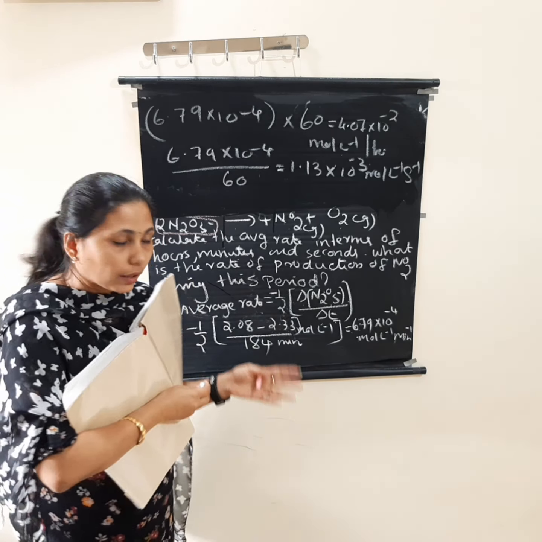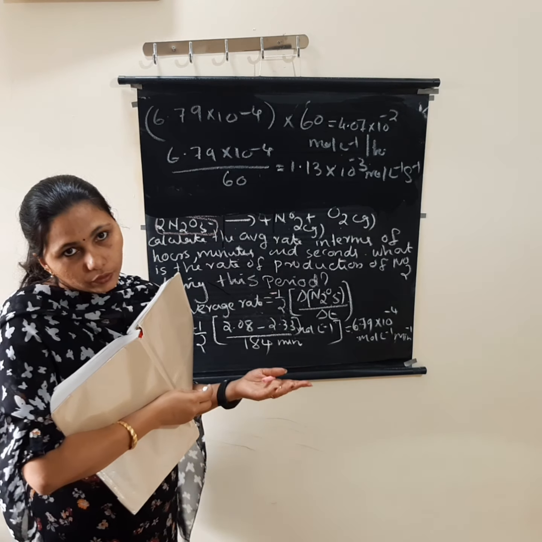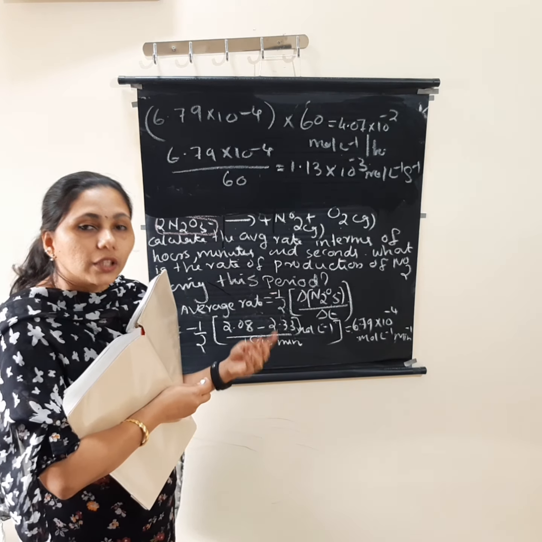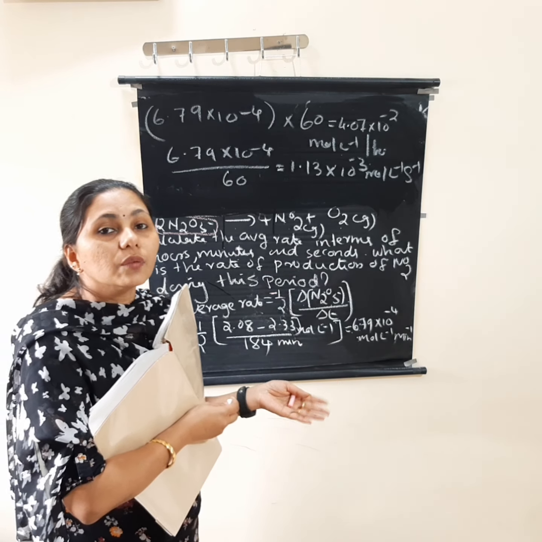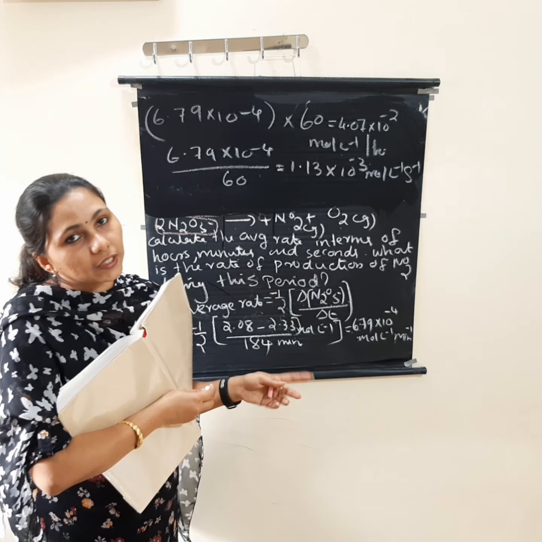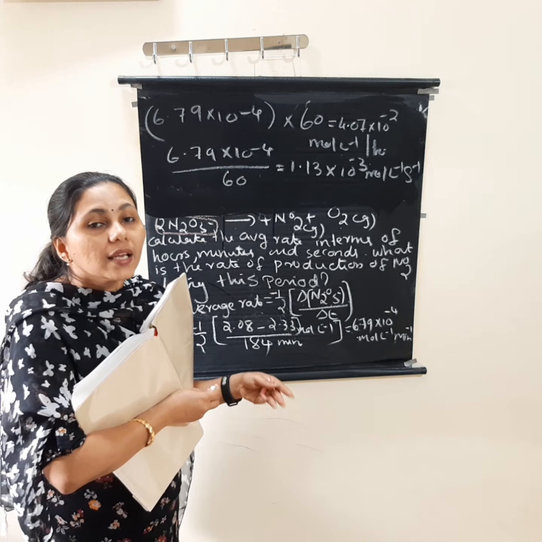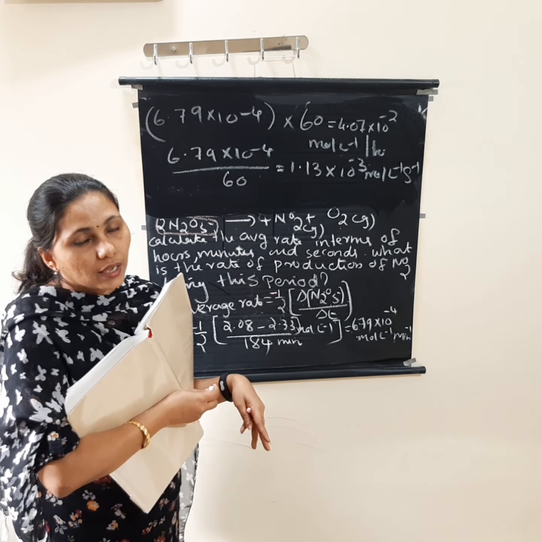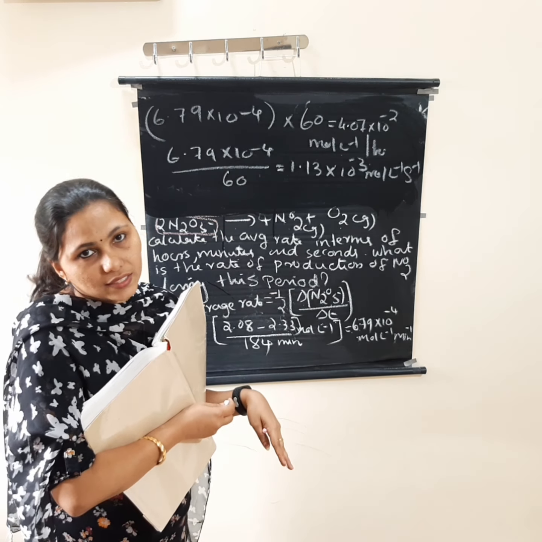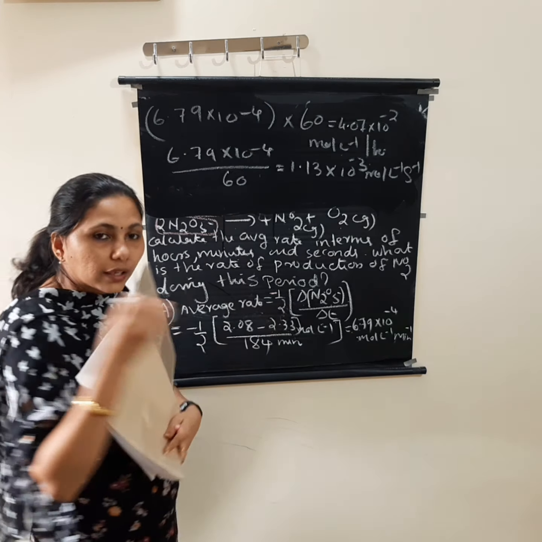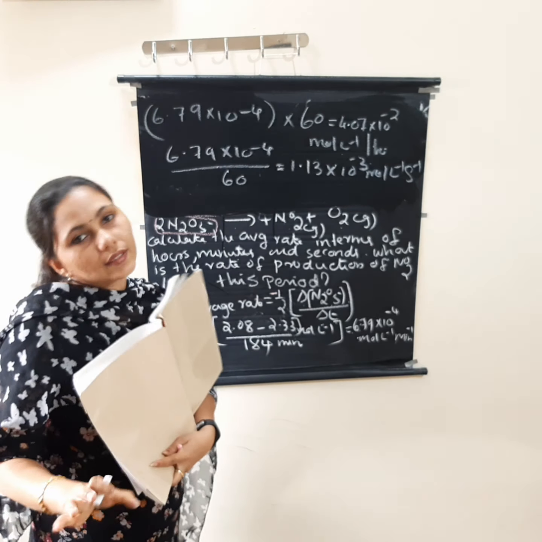We write the equation for the average rate, then calculate in minutes, then convert that answer into hours by multiplying with 60, and for seconds we divide by 60. Then we get the answer in minutes, hours and seconds.